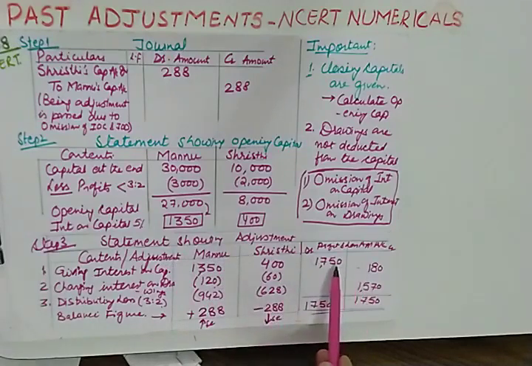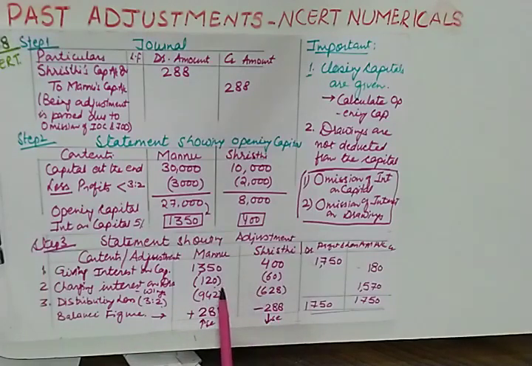So what is the result of giving interest on capital and taking interest on drawing? The result of that is firm will suffer a loss of 1570, which is to be distributed between the partners in the ratio of their profit sharing ratio, 942 and 628.